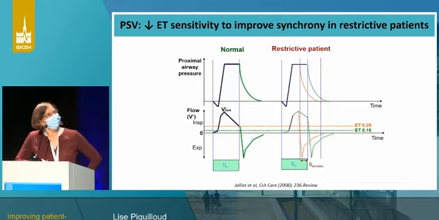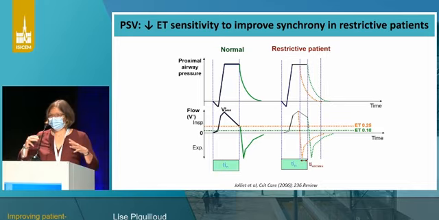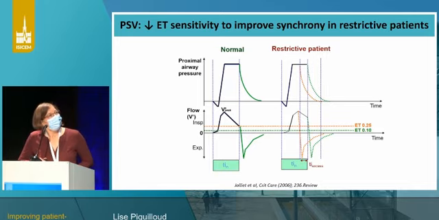In your restrictive patient, the situation is different. Your restrictive patient, because of the big elastic recoil, has a very fast decrease of inspiratory flow, here in orange.